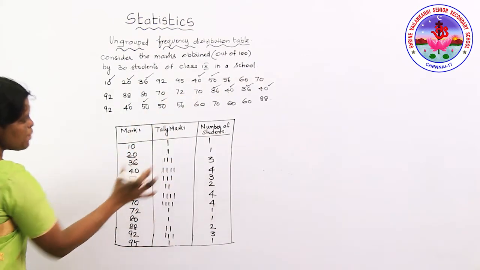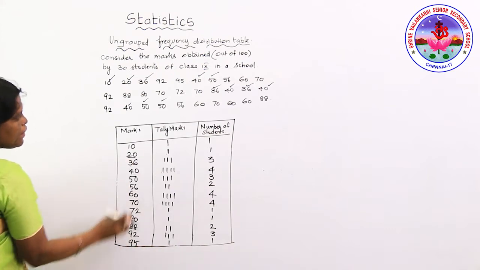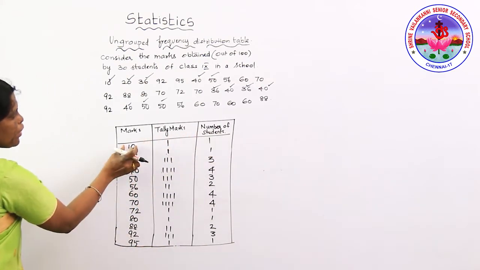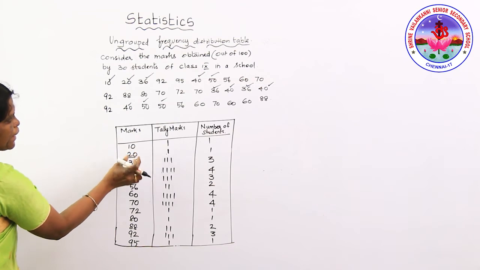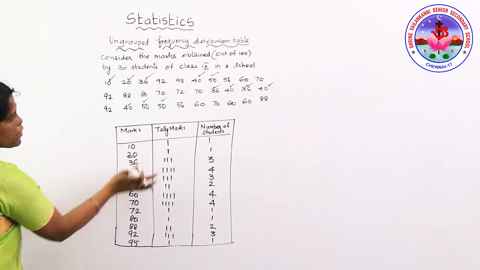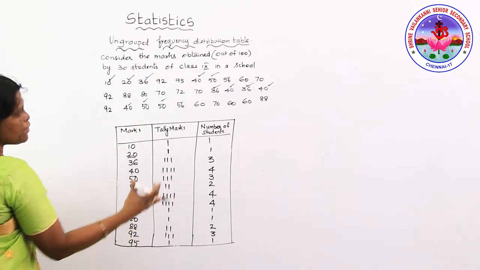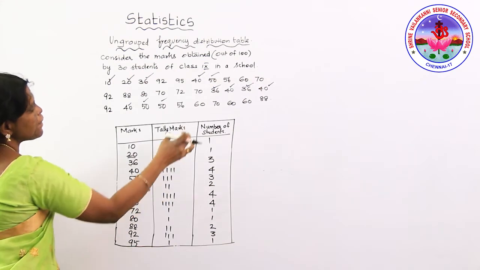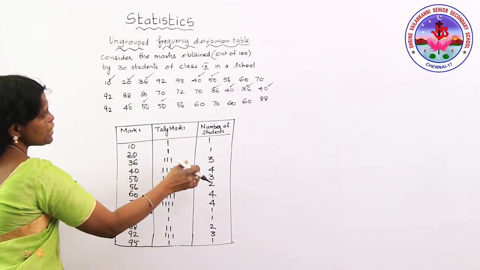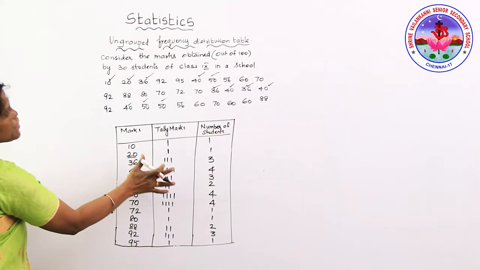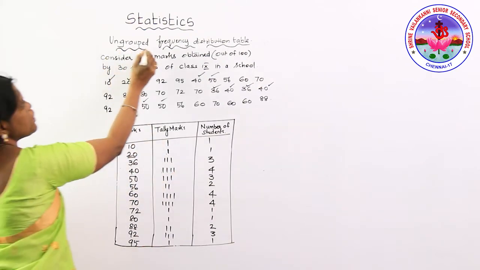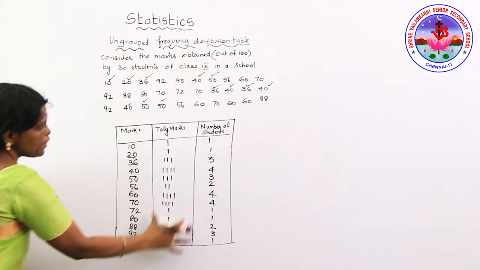From this table, I can analyze the number of students who got 10, 20, 36, 40 and 50. So it is an easy table to have a look at and represent the number of students who fall in each value. This table is known as the ungrouped frequency distribution table.